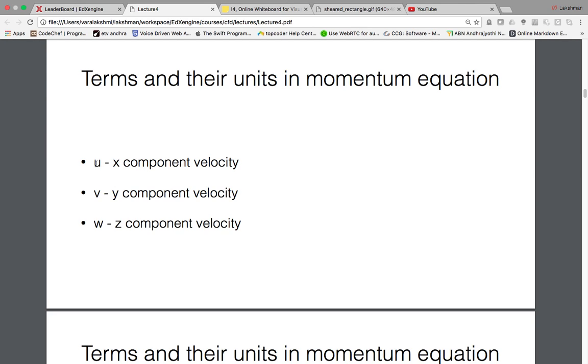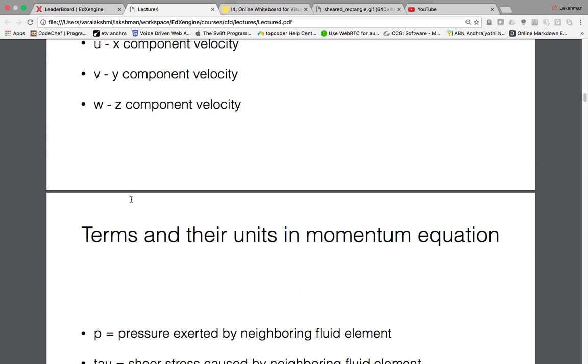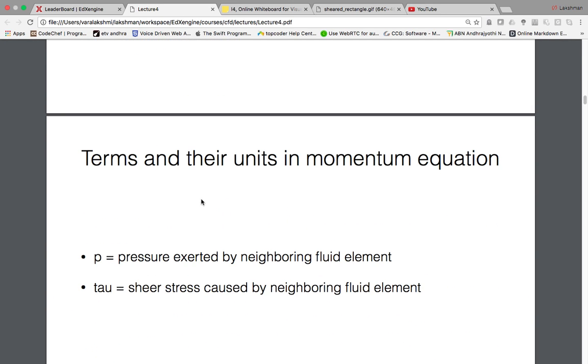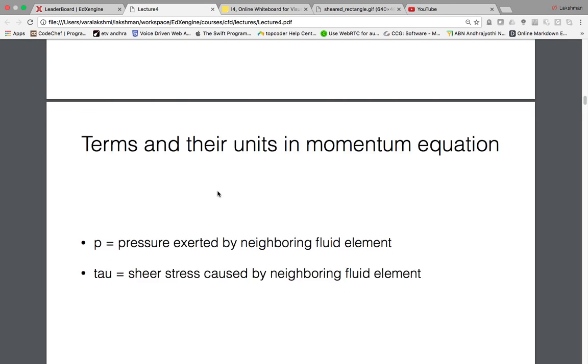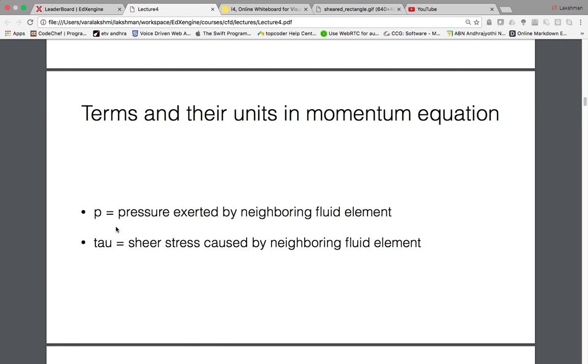So u is the x component of velocity. Since u is a vector quantity, it has three components, u, v, w. So that's the basic notation. And we'll be using the following terms like pressure and tau. Tau stands for the shear stress. It's basically a stress tensor.